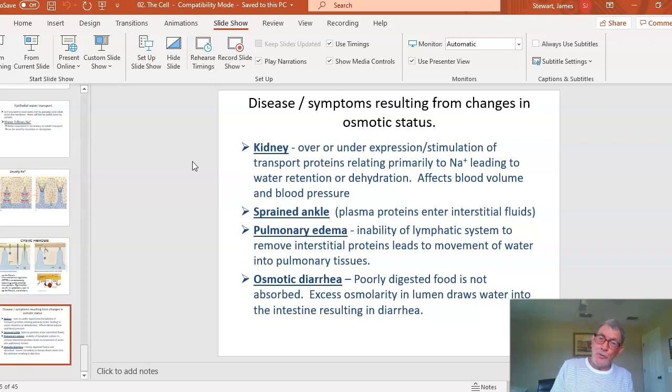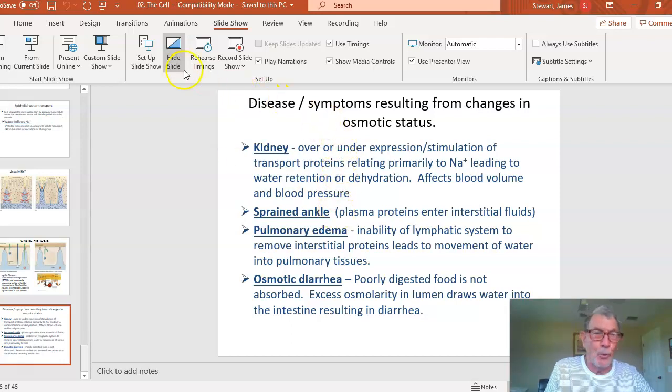A secondary transporter uses the concentration gradient of sodium to run the transporter, so there's no ATP there. But you had to use ATP to get the sodium there in the first place. That's why it's secondary. So the ATP pumps are maintaining the sodium gradient. The sodium gradient runs the secondary transporter, thus secondary active transport.